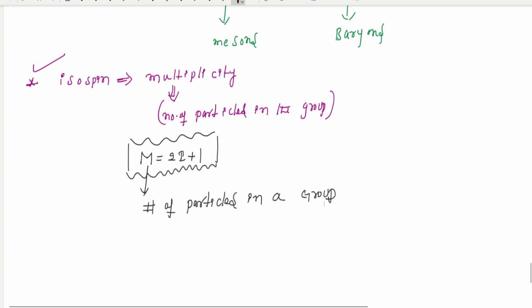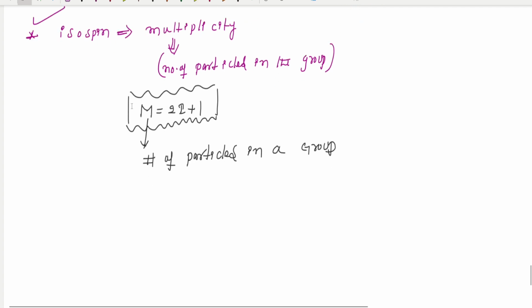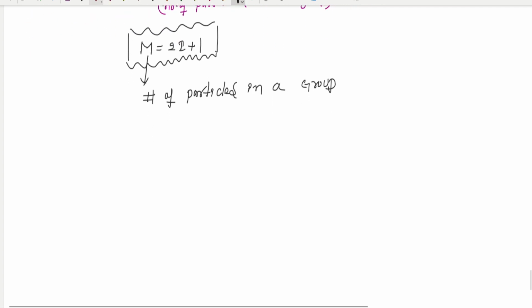So here I'm going to discuss the first thing. P and N, these are one group, right? So how many particles are there here? Two particles.